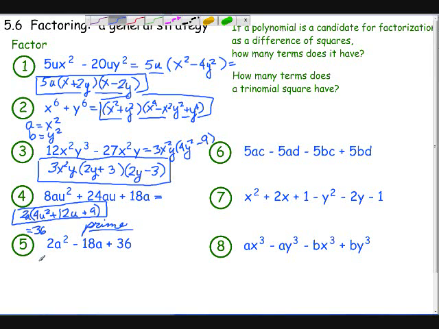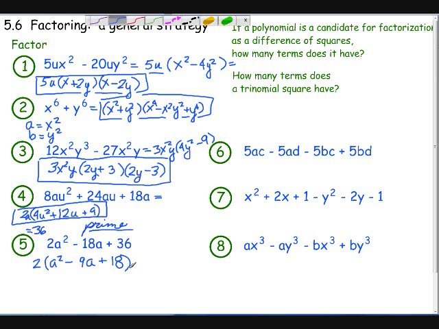How about this one? 2 can be factored out, leaving me with a squared minus 9a plus 18. 1 times 18 is a positive 18. Do we have 2 factors of 18 that when you add them up will give you a negative 9?